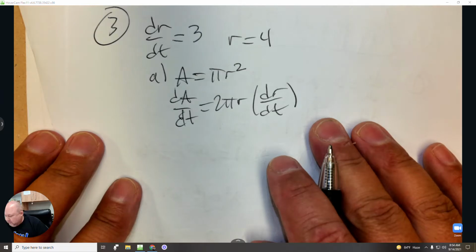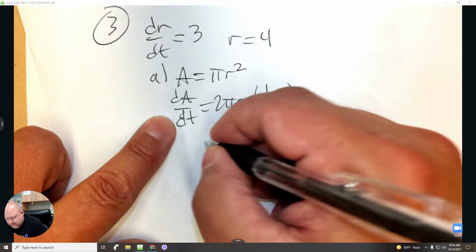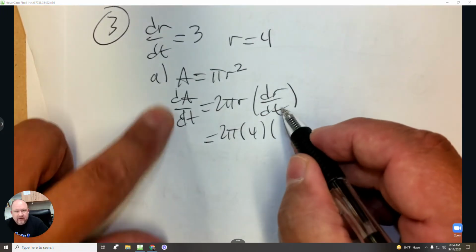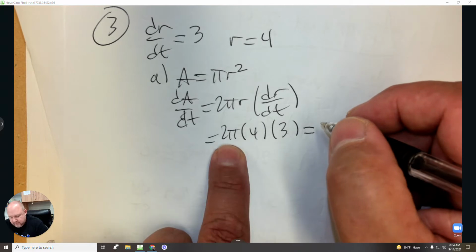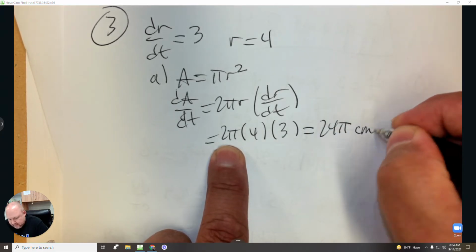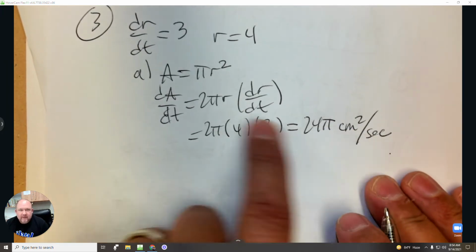And then what I'm looking for is dA/dt. The radius is 4. The radius is changing at a rate of 3. So the answer is 12 times 2. That's 24 pi. And the rate is centimeters squared per second because it's area. And that's what the rate is.